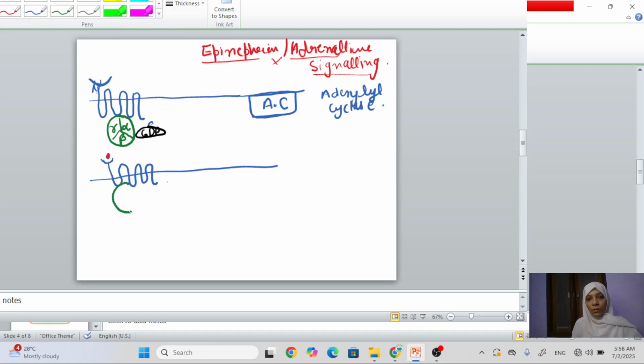Now the beta and gamma subunits are present, but this alpha subunit migrates from here to here, that is, to the adenylyl cyclase enzyme. This alpha subunit migrates here in the form of GTP.